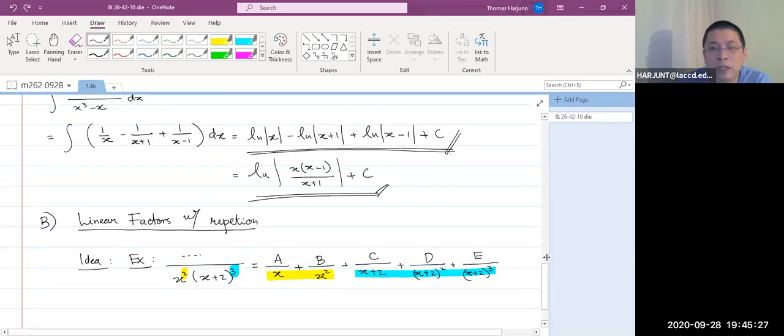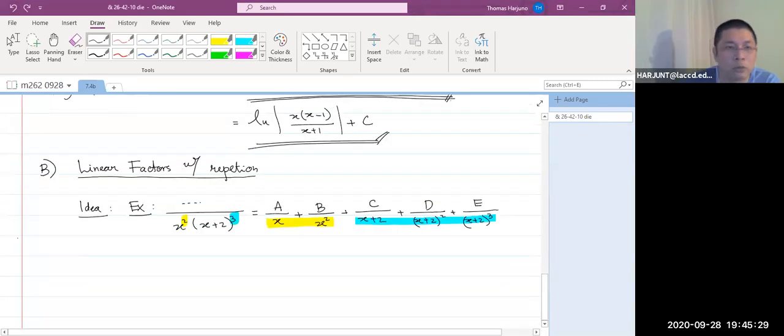Now, let's say, for example, we take a look at number 20. We will focus on the technique more than just the integral. You will see the integration is not doable without the technique, though. We have to do the partial fraction decomposition.